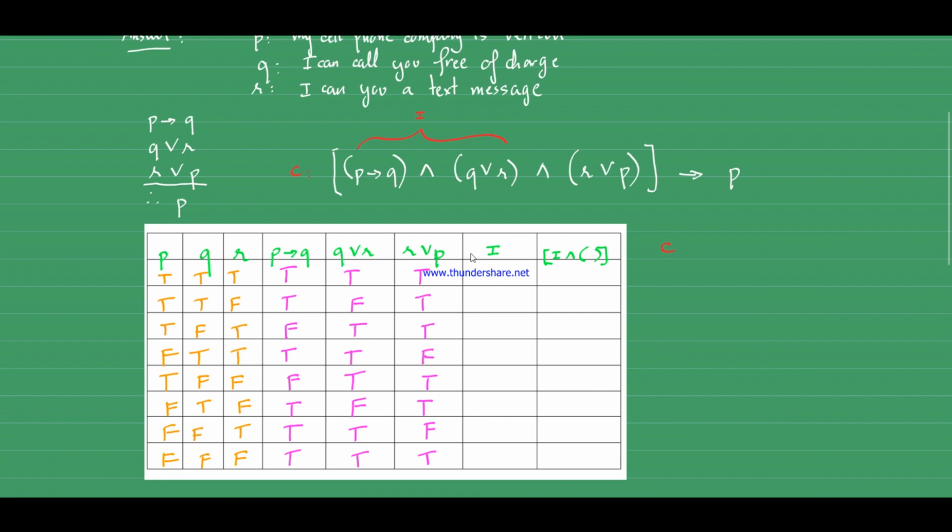So this one should be true, false: no laptop, no TV. True, no TV, false: no laptop.